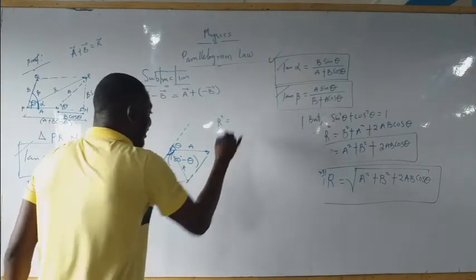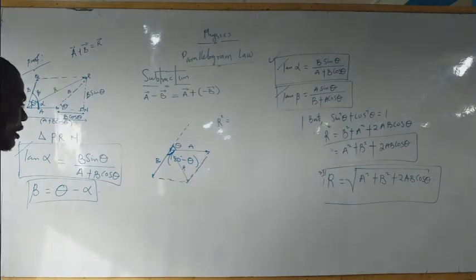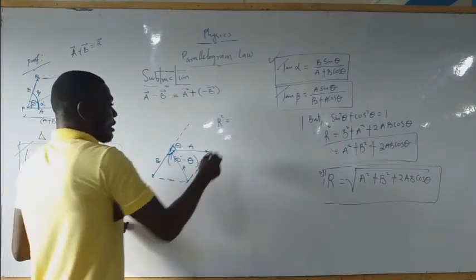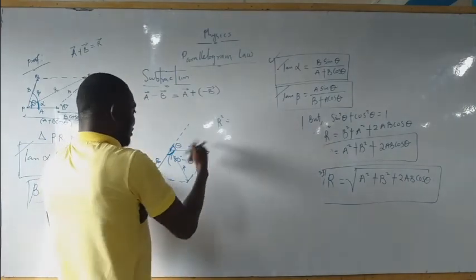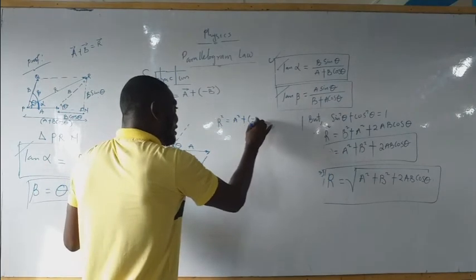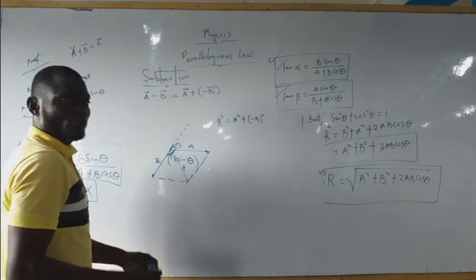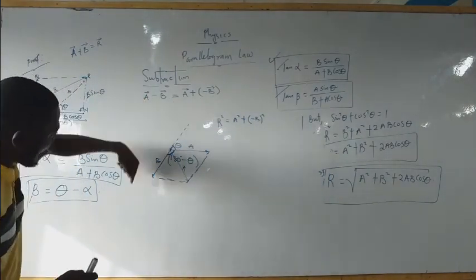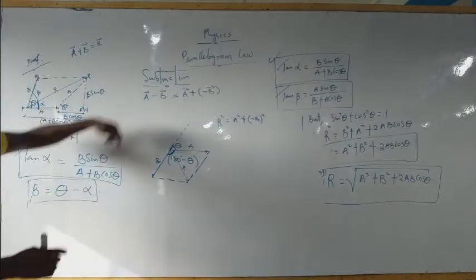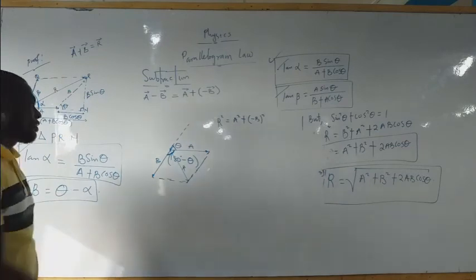Then we can have the resultant: R squared equals what? That will be A squared plus, in brackets, minus B, all raised to power 2, because this is minus, unlike this that is plus. Minus is down. Please take note.